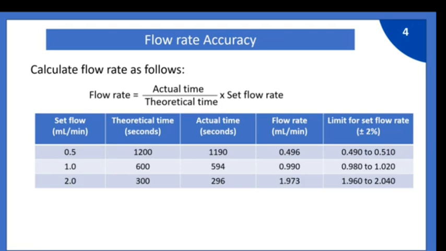So by calculating with the flow rate formula, we got 0.990, which is in the limit, that is 0.980 to 1.020. Similarly, for 2.0 set flow rate, theoretical time is 300 seconds. Actual time we observed is 296. Flow rate we calculated is 1.973, which is in the limit, that is 1.960 to 2.040.